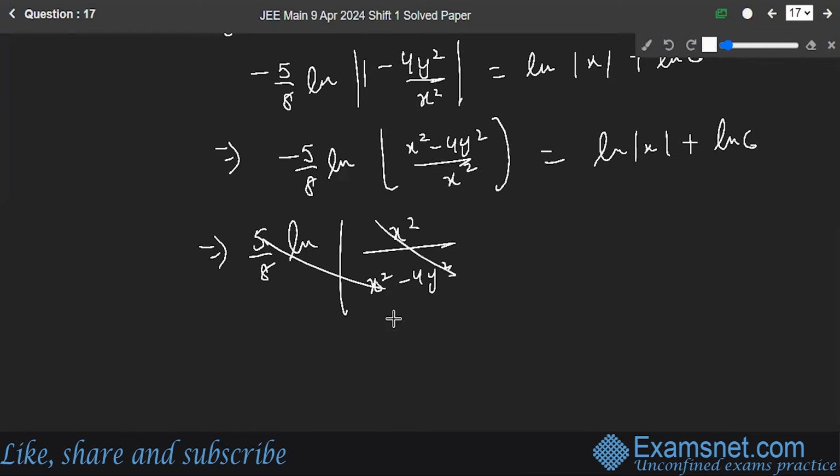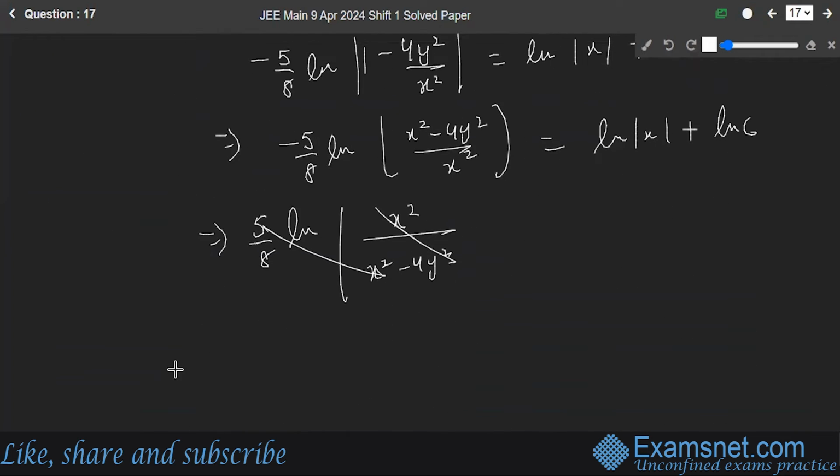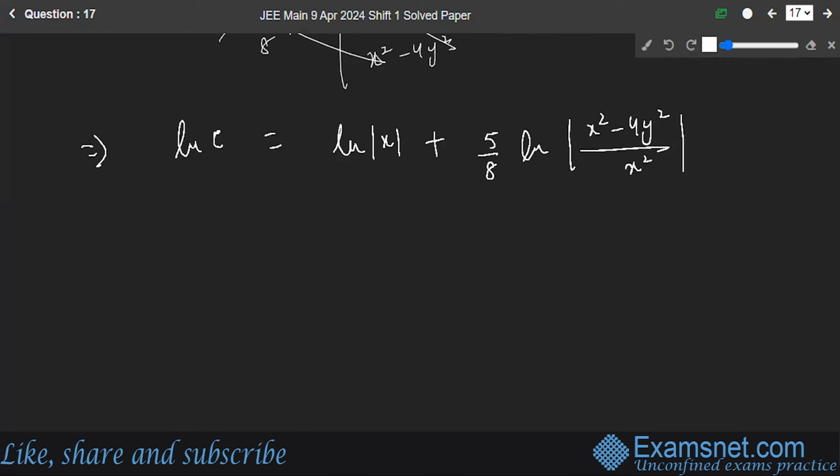I'll do one thing, I'll change the side. So here now it will be log c, because c is a constant and it can have any value for the time being. So this will be log of x plus 5 by 8 log of (x squared minus 4y squared upon x squared). Because there's a plus sign, that means x and this will be multiplied.